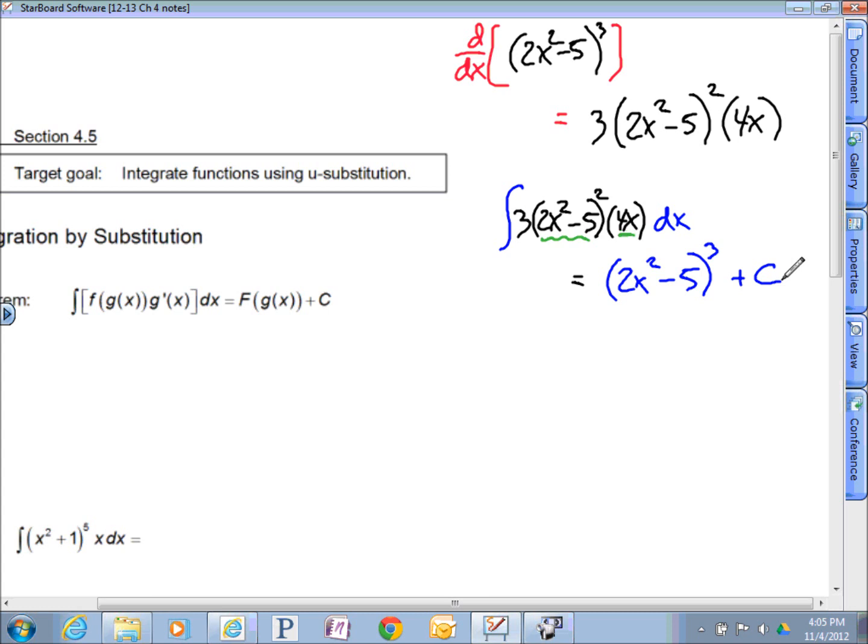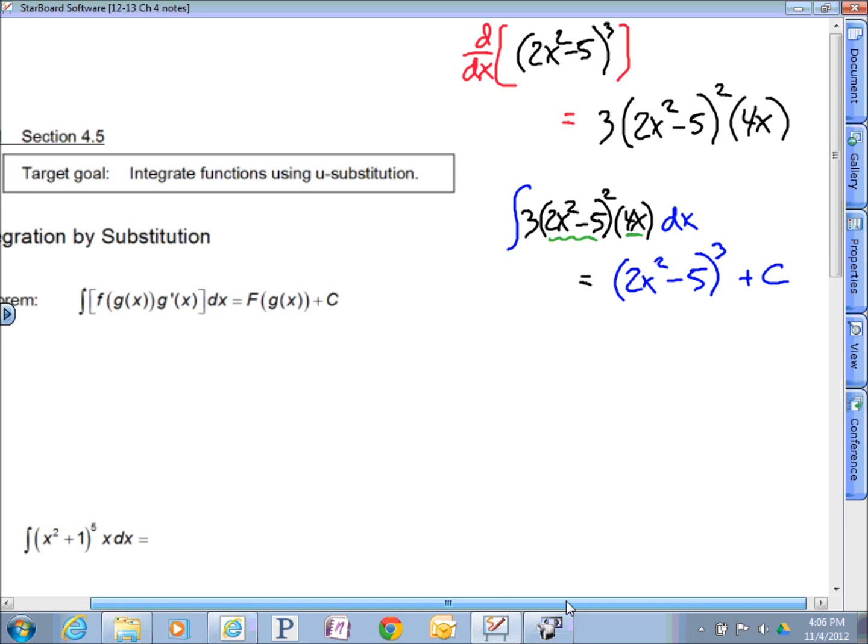The point I'm trying to make with all this information is, if we take the derivative of something and we have to use chain rule, we're going to use this integration by substitution, this thing we're going to call U substitution, to reverse the chain rule. But the tricky thing is, in order to do chain rule, what you have to have is a function inside of another function.